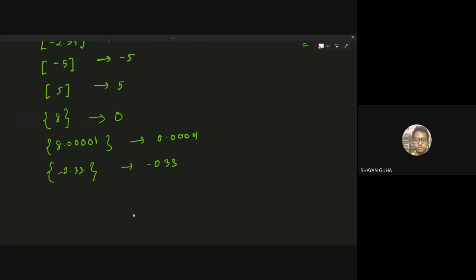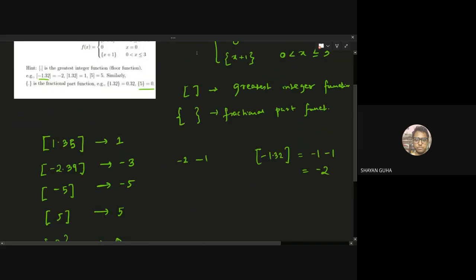Now, if I have to draw the graph of this particular function, this function has some peculiar specialities. I would say these are peculiar because this kind of function has jump discontinuity. Let me draw the curve, you will understand why.